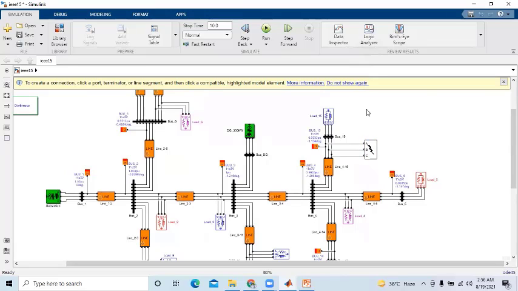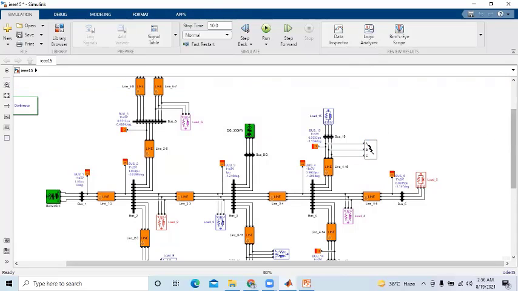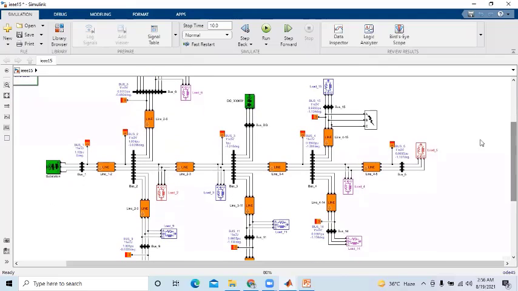Now to measure and see the various waveforms of the faults and the bus voltages, we have to create one scope.